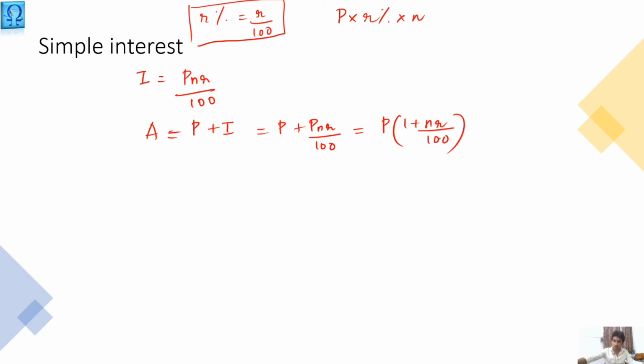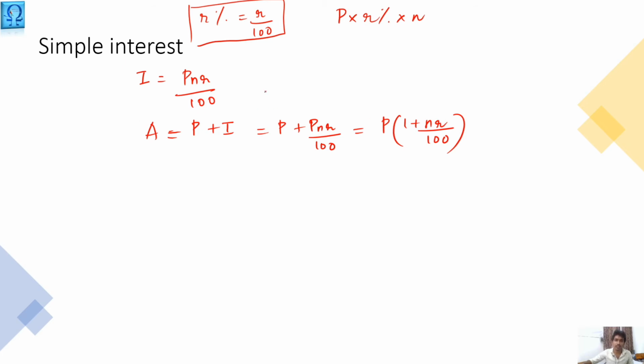Okay. Now coming to the problem point of view, just look at these things. In the first formula, we have I equals PNR upon 100. This 100 is a fixed numerical value, so we don't need to bother about it. Once we know the values of P, N and R, we can calculate the interest value. If we are asked to calculate the total amount, then with the help of P, N and R, we can calculate the total amount.